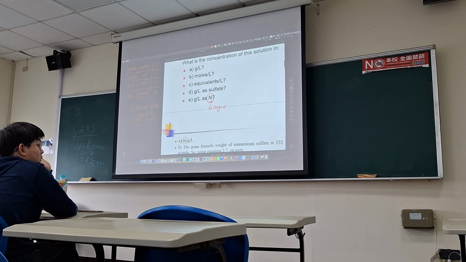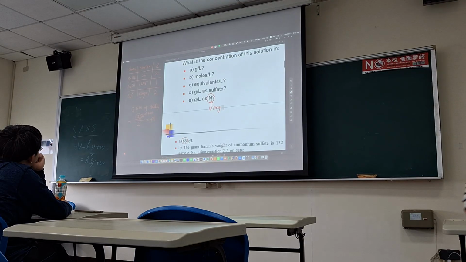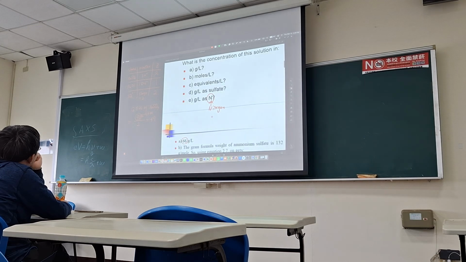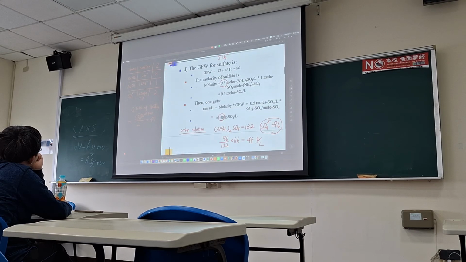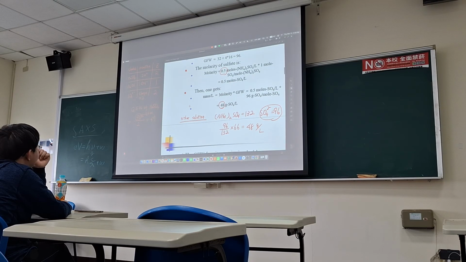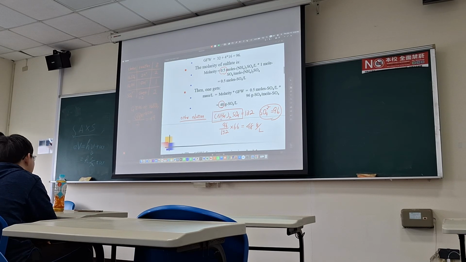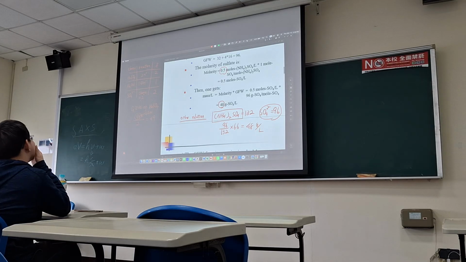The N here stands for nitrogen, not normality. So let's see these questions. Based on the formula, how many N do we have in this formula? 2, right? So we have 2 N.